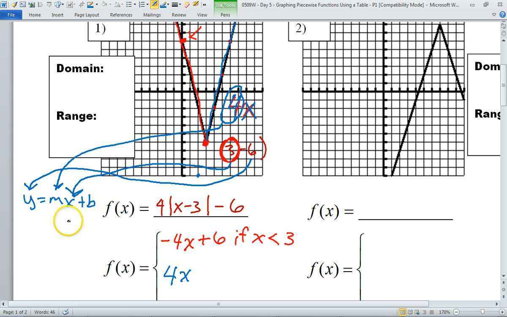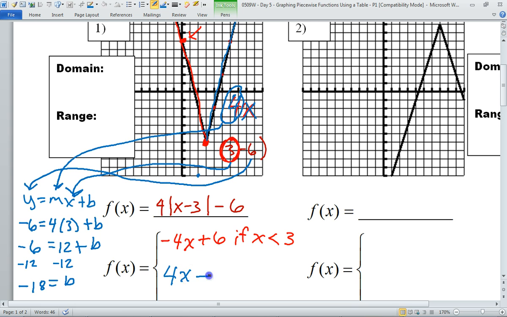I should be able to find the b. So this is going to give me negative 6 equals 4 times 3 plus b. That means negative 6 equals 12 plus b. Subtracting that 12 from both sides gives me b equals negative 18.